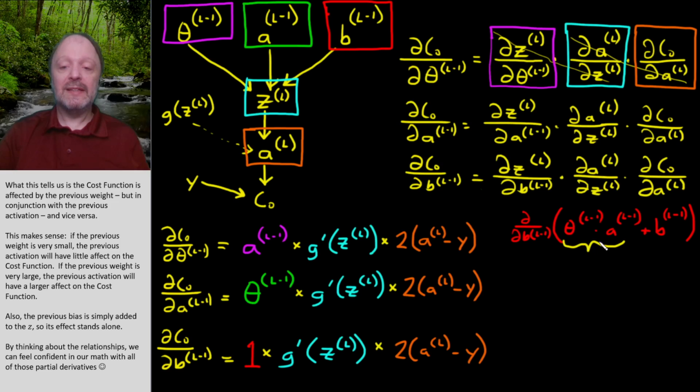So it makes sense that the weight affects the cost function depending on what the activation is, and the activation affects the cost function depending on what the weight is. And since the bias is just added, it is not affected by anything else. It is straight whatever it is, that is what the effect is on the cost function. You don't have to worry about any other contributing factors.